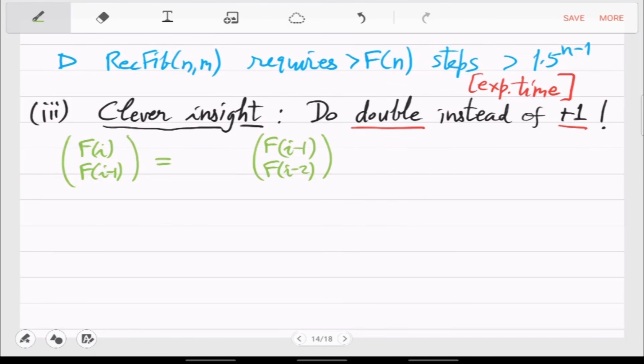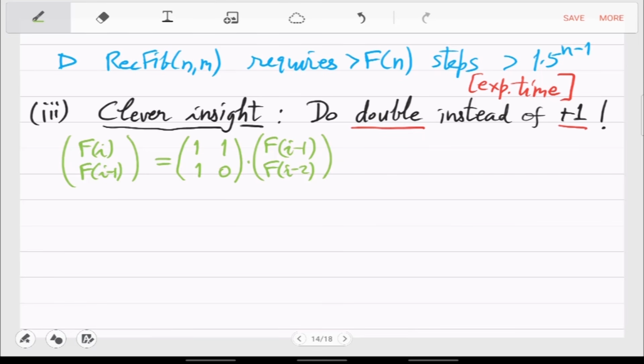So you look at the evolution of the i minus 1, i minus 2 locations in the sequence to the next locations, which are i and i minus 1. Right? So the evolution is given by a matrix. What is the matrix? So this is the 1, 1 row and this is the 1, 0 row.